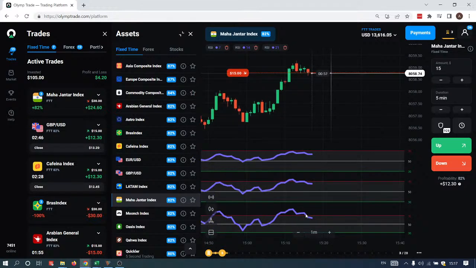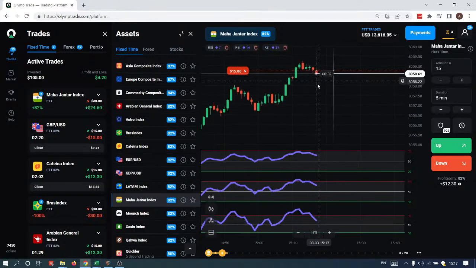So guys, once again, sometimes I look for maybe not the exact overbought area, but something close to it. Since I've been trading for actually 10 years, and I know these indicators better than my fingers, I can be a little bit flexible with certain signals.